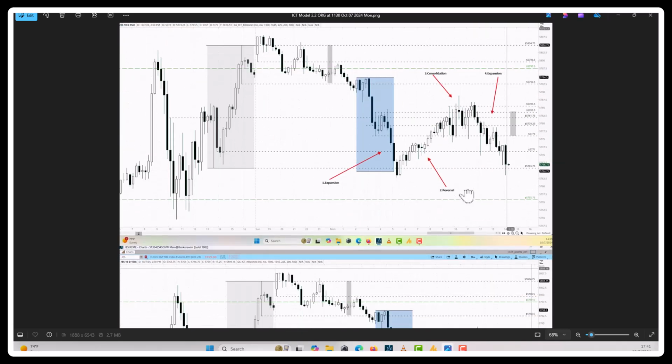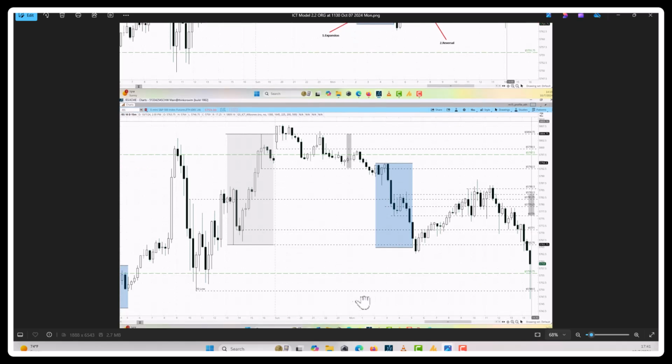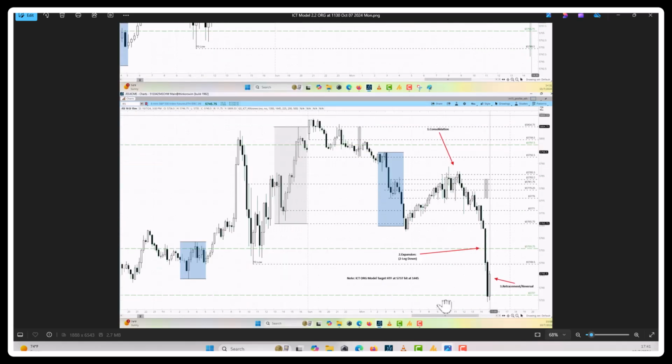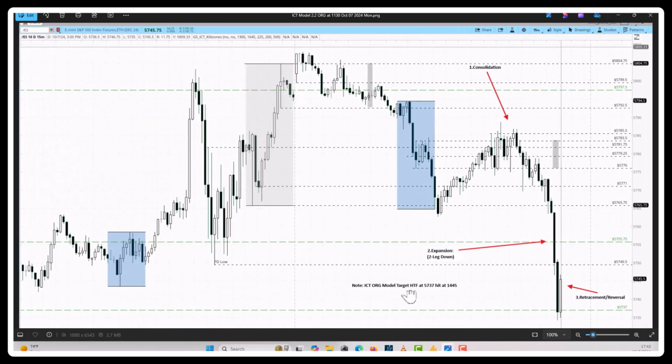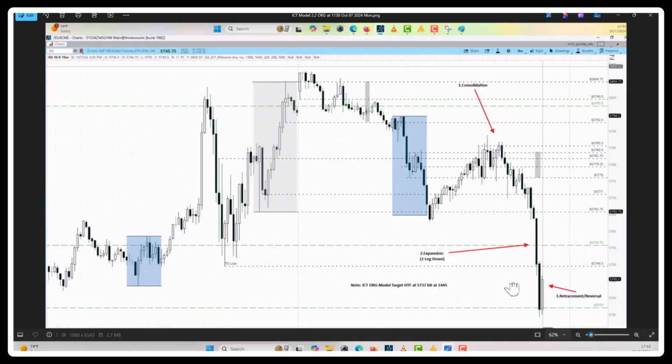You can see that the first target right here is the PM low, and then the last target is the low, and another target is all the way down to this level, high time frame right here. You see that? So that's a huge move right there. So the ICT only target is at 14:45 right there, at the 57% level right there.